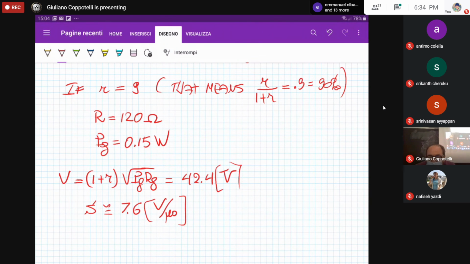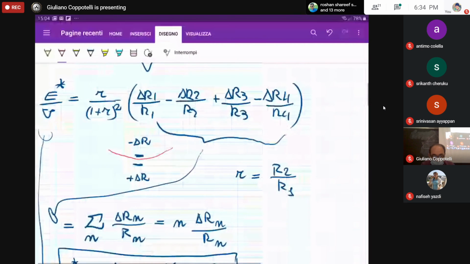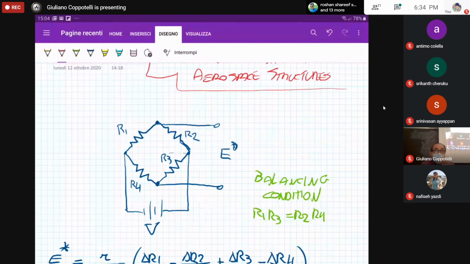Some question? So when I'm referring to one active leg, once again, I'm not saying that there is just one resistance. All the 4 resistances are there in the Wheatstone bridge, 1, 2, 3, 4.